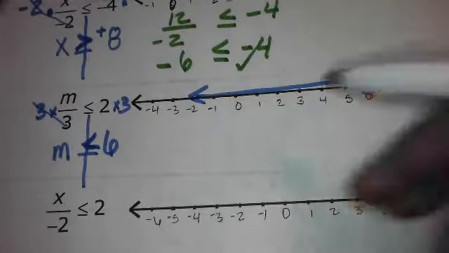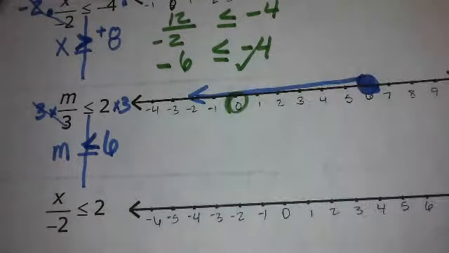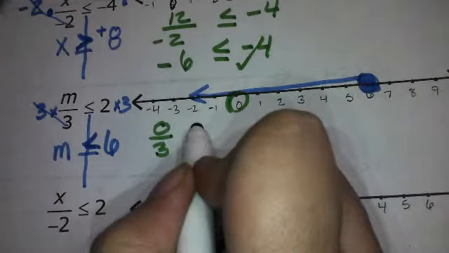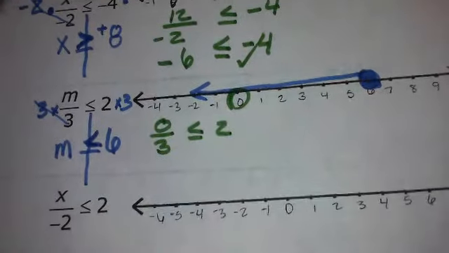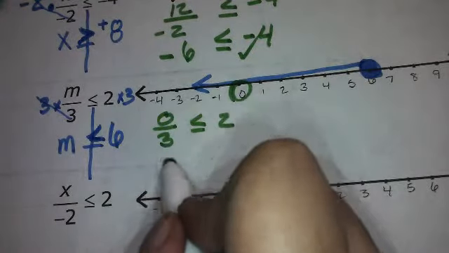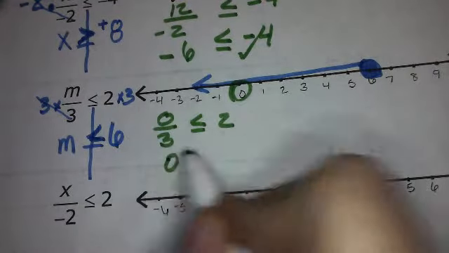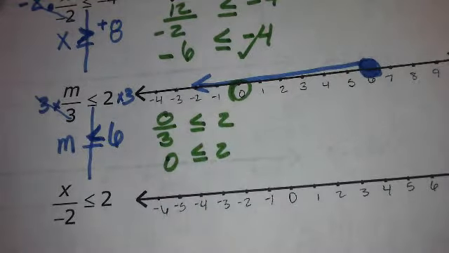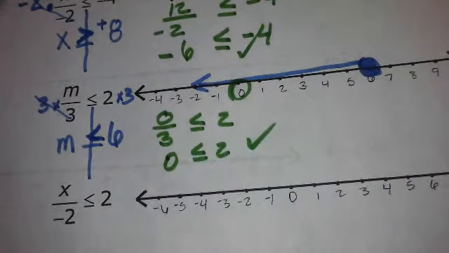Pick a number. I'm going to pick 0. 0 divided by 3 is less than or equal to 2. 0 divided by 3 is 0, and 0 is less than or equal to 2. So I know I did my work correctly.